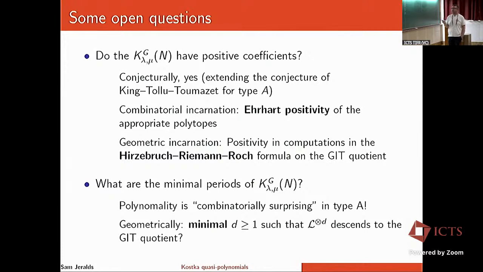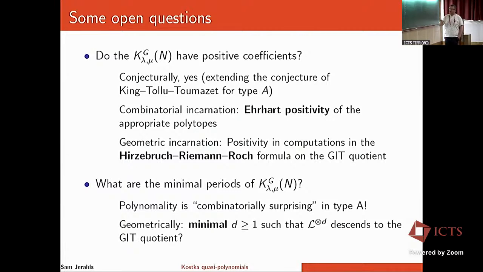The other question is, what are these minimal periods? As I said, polynomiality in type A is combinatorially surprising. You don't often expect polynomial behavior if your polytopes don't have lattice vertices. What is geometrically obvious, although still unproven, is that all of these line bundles do actually descend to the GIT quotient. If mu is equal to 0, that does go back to Kumar.